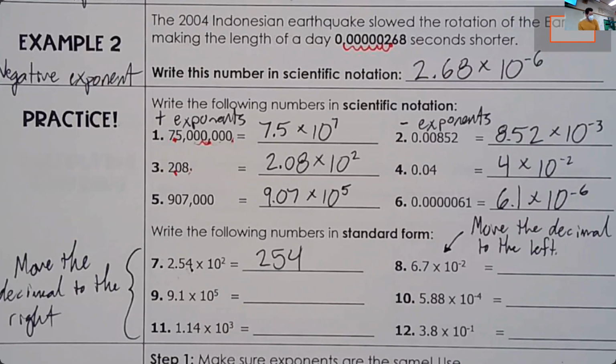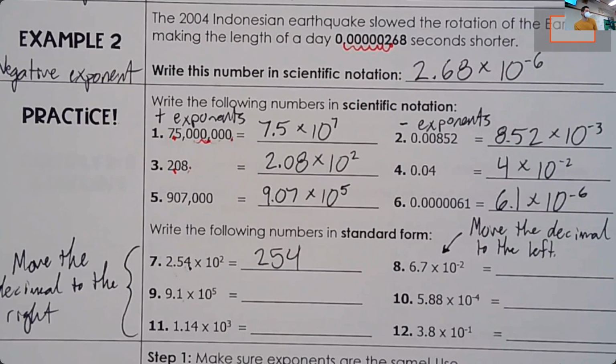And number 9 is a little bit different because it's not just going to go after the 1. We're actually moving this 5 spaces to the right. So if we move it once, that means we still have 4 more to go. Does anybody have any ideas what to do on that?